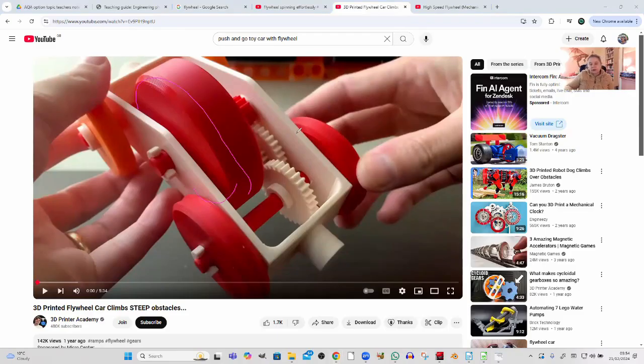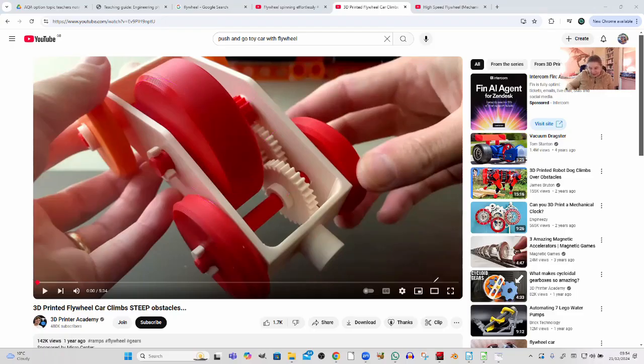Okay, and you spin it up by putting the car down on the ground and moving it along, and then picking it up and moving it along and picking it up and moving it along. And every time you do that, you spin this flywheel faster. And then when you put the car down, the flywheel with this series of gears can turn the wheel and power the vehicle along, it's absolutely lovely.